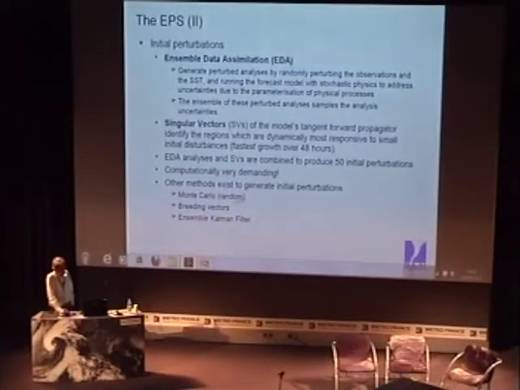There are other methods that have been used as well. Monte Carlo is completely random. It's not very efficient, because why should you perturb in areas where it won't make any difference?